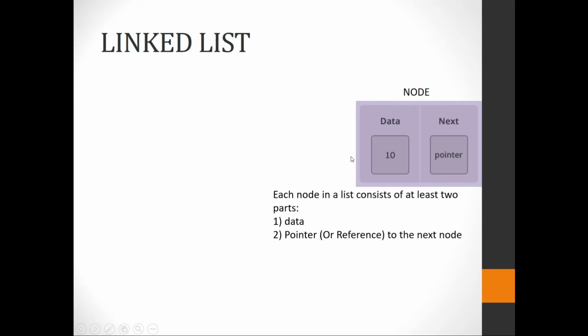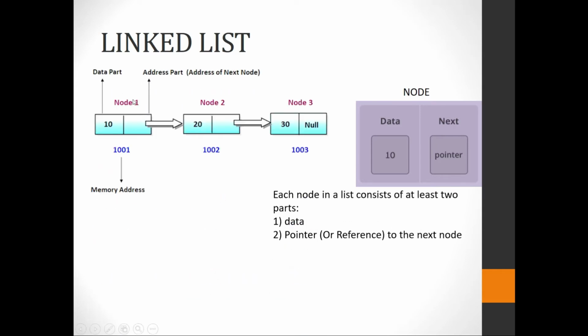Okay. So now this you call a node. It has its own memory address. In this example, you can see that the memory address of this particular node is going to be 1001. It has its own data as 10, and this is the data part. It is an integer. And you have a pointer.